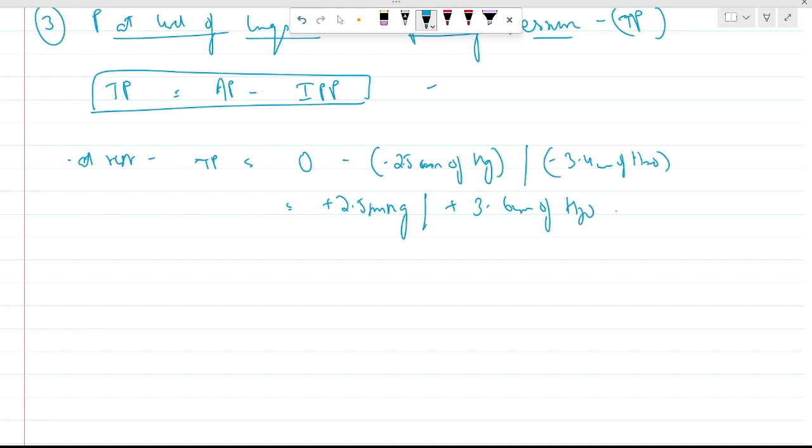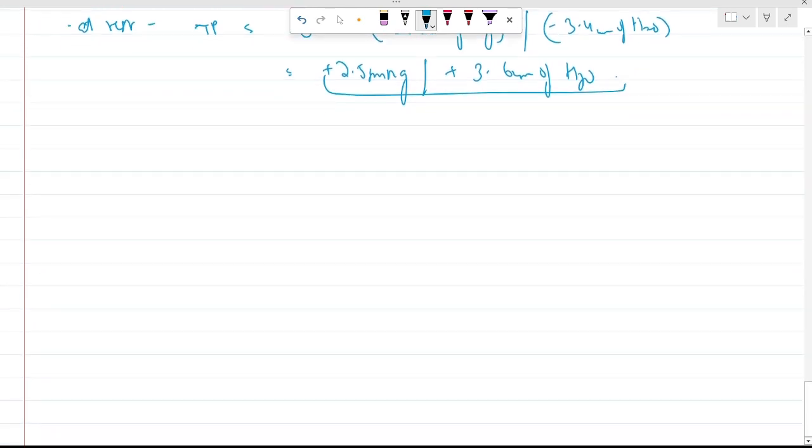Very simple calculation here, nothing to understand here. At rest, the transpulmonary pressure is a positive value: alveolar pressure minus intrapulmonary pressure. Remember, this transpulmonary pressure is a distending pressure. What is meant by distending pressure?